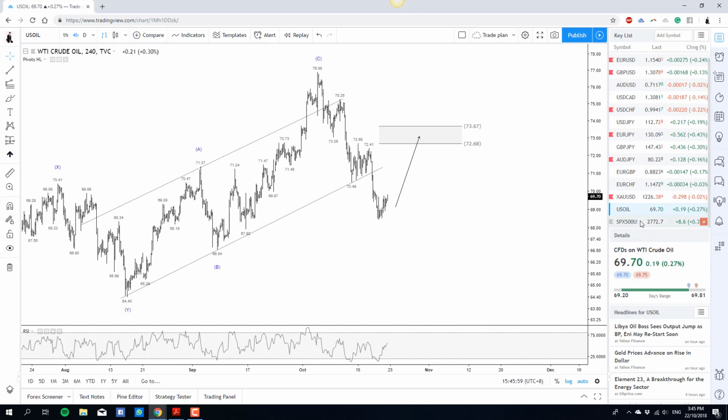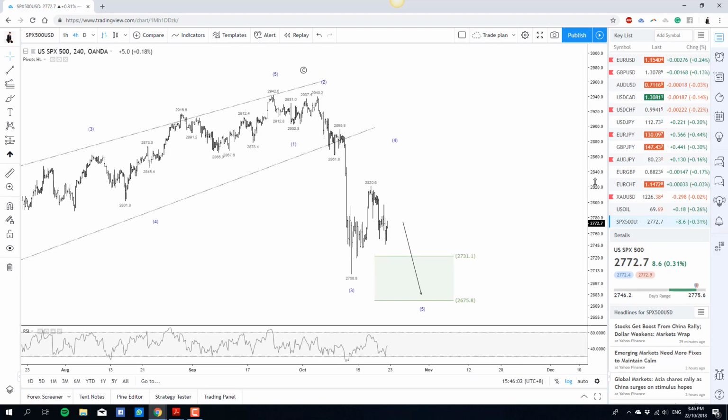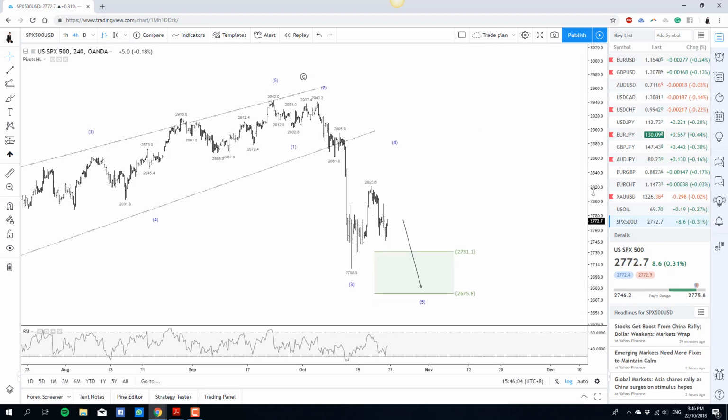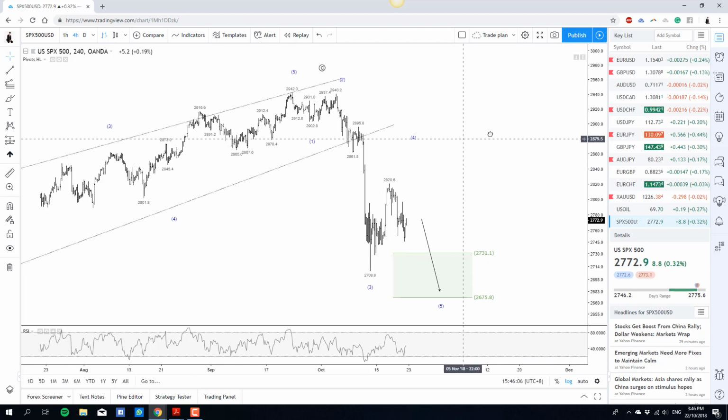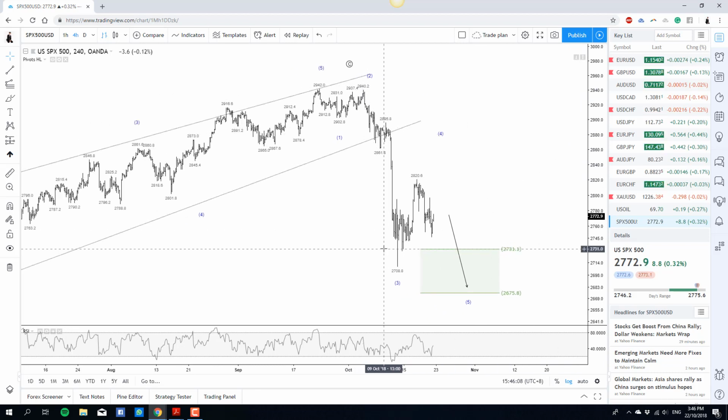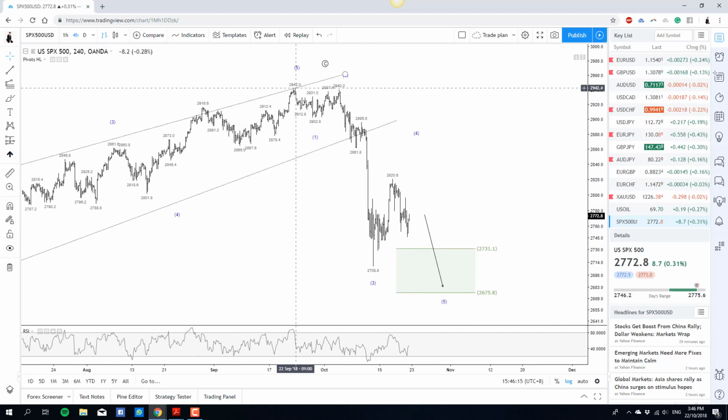Alright, so for this week, we expect the oil to correct itself, at least in a 3-wave structure towards 72.68. Alright, the last instrument I would like to share with you is the S&P 500. Right, recently what we have is a very strong dip over here, which might be our wave 3, okay, of a corrective structure, which means we are seeing this as a potential 1, 2, 3. Wave 4 is developing.